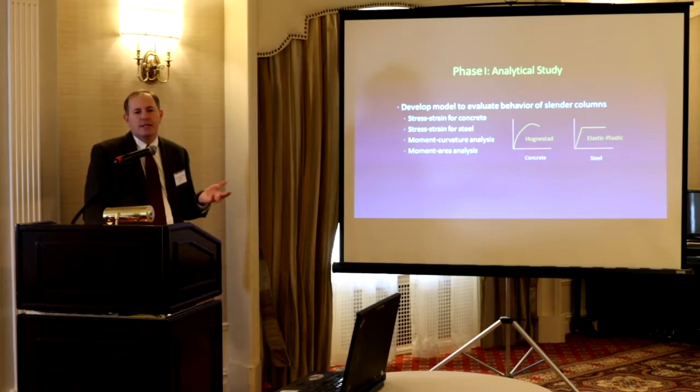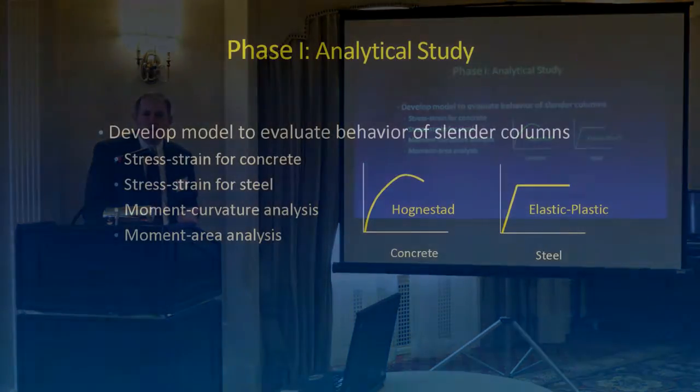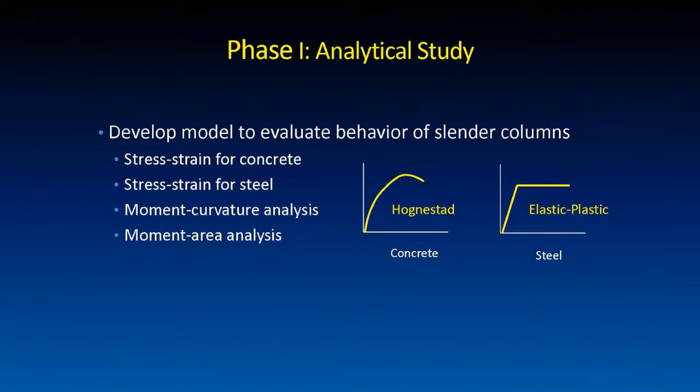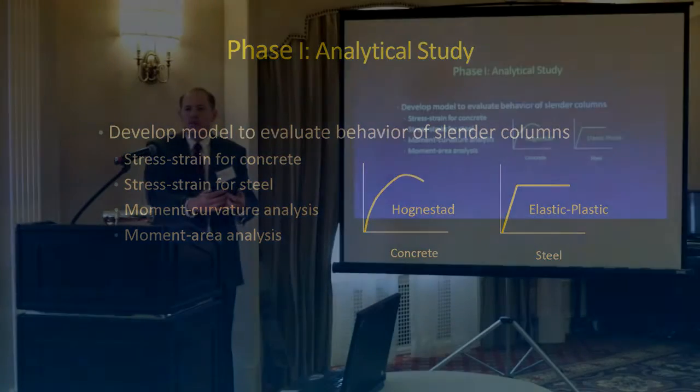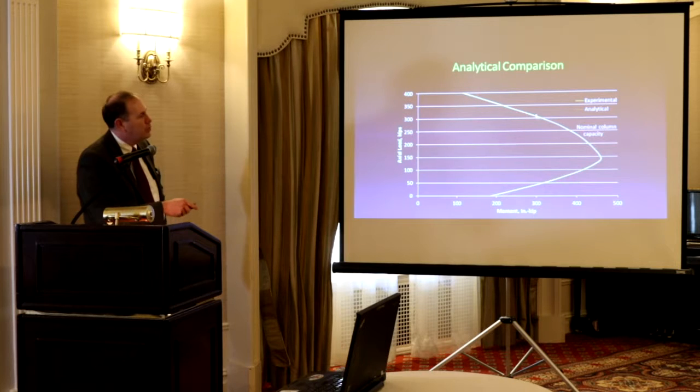We're looking at grade 60, which was the focus of this work. Using moment curvature, a standard analysis procedure, and then we use moment area to actually calculate deflections. So nothing fancy, we didn't try to fit curves, we just said, look, let's use basic assumptions, see what we can do. So let me just show you what we can do. So this is the nominal capacity, we generate that.